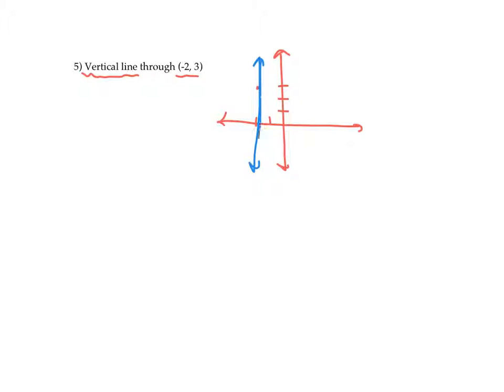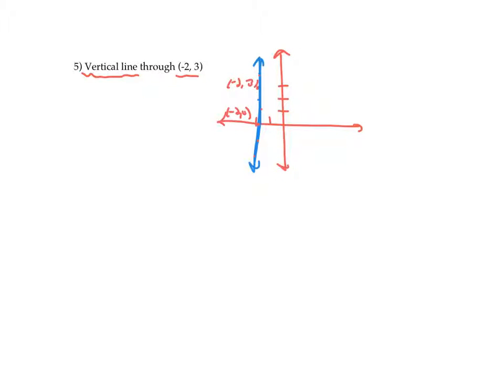Okay? Now, what's true about every single point on this line is that they have to have the same x-coordinate. You're always going to the left 2. For instance, this point would be (-2, 0). Our point that we graphed up here was (-2, 3).